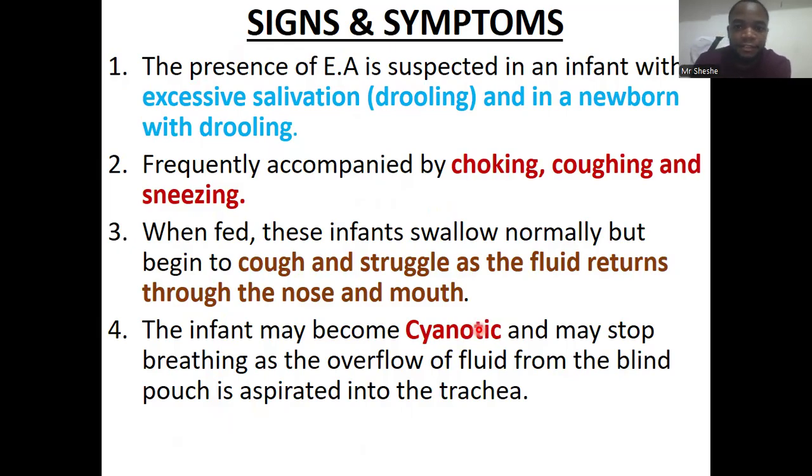So patients or babies usually present with excessive drooling, coughing, and choking following feeding, and the child may become cyanotic. Of course, that indicates obstruction of the respiratory tract. So this child has to be fed otherwise parenterally until that problem is corrected.